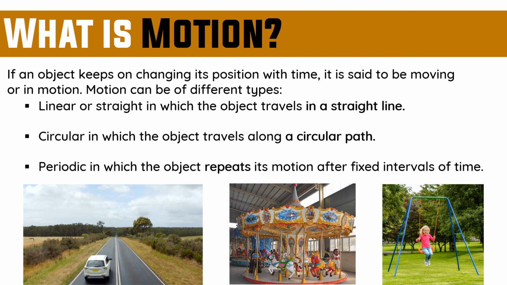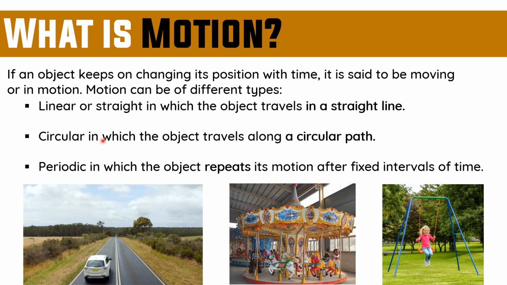What is motion? Before finding that answer, first we see some types of motion. In class 6, you learned about different types of motion, such as linear motion or rectilinear motion, circular motion, and periodic motion.